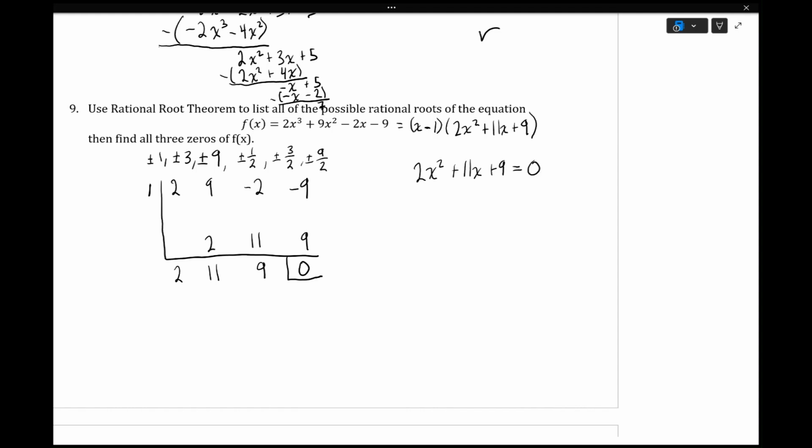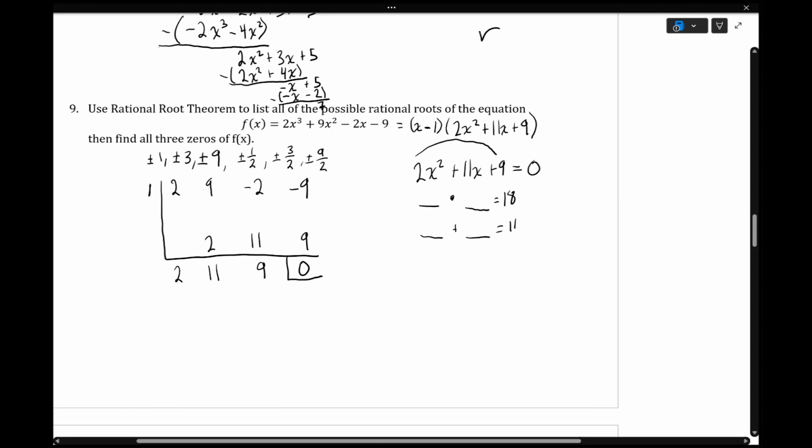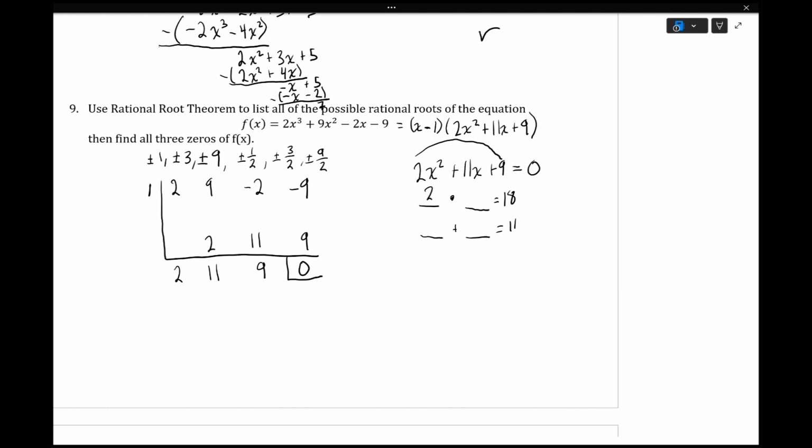I'm going to factor it just because I like factoring. And so I say, okay, what do I multiply together to get 18, but also add to get 11? Because remember, I have to multiply the 2 and the 9 to figure out my multiply 2 number. And looking at these, the two numbers that work are 2 and 9.